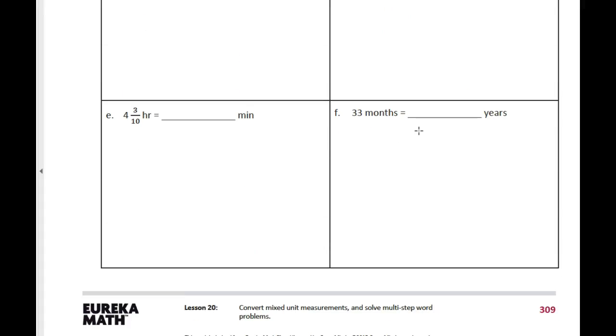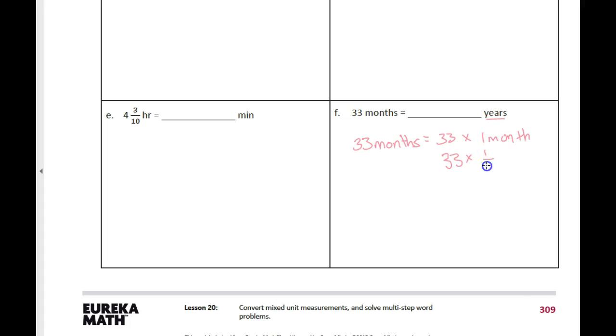Let's come on down and we will take a look at this one right here, F. 33 months. So if we have 33 months, it's the same as 33 times 1 month. And if we're going to change 1 month to a year, we're going to be keeping the 33, because that's how much we're working with, times, and how much of a year is a month?